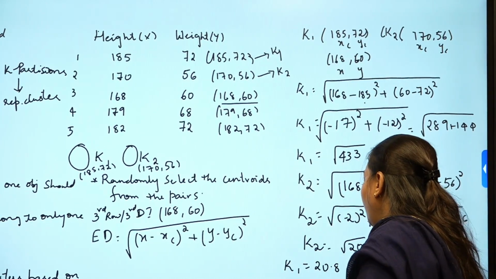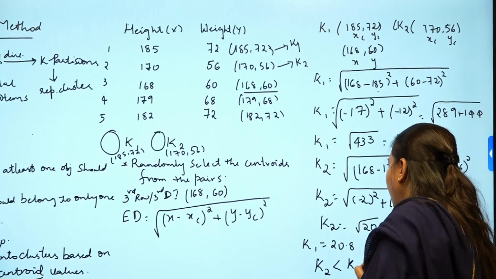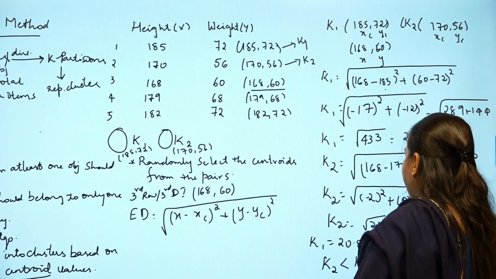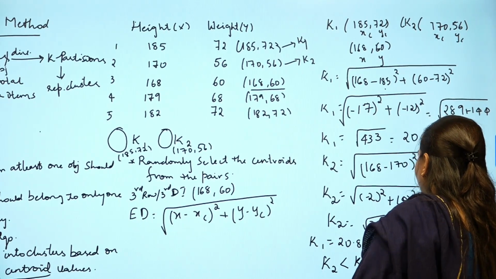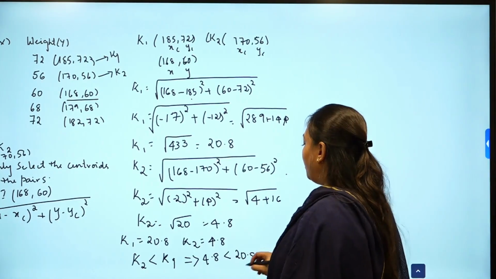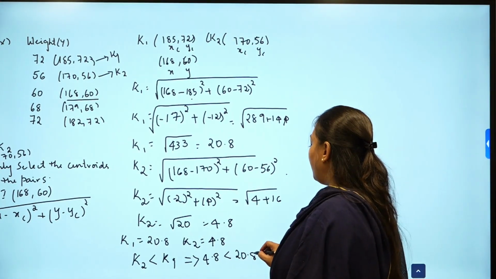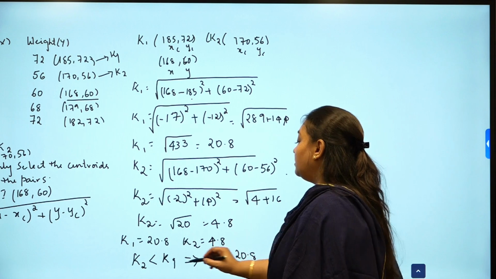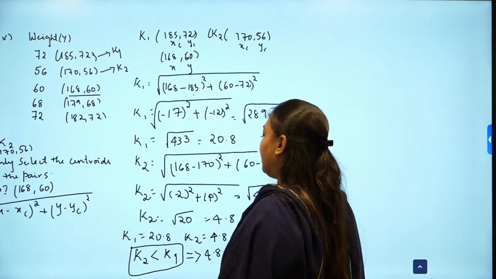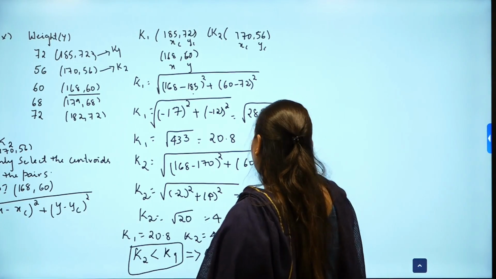Now K2 is less than K1, 4.8 is less than 20.8, so I will be taking K2. This is the rule. Whichever is less, that we are going to take as the new cluster.